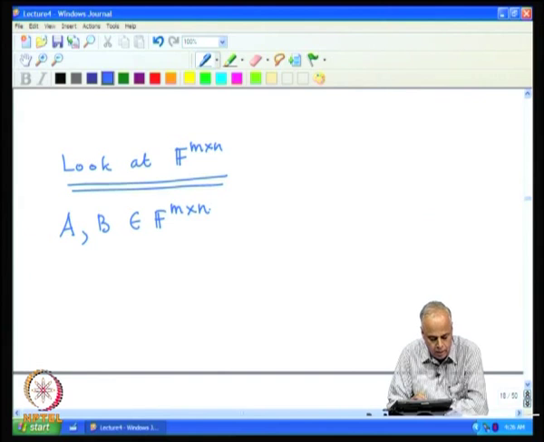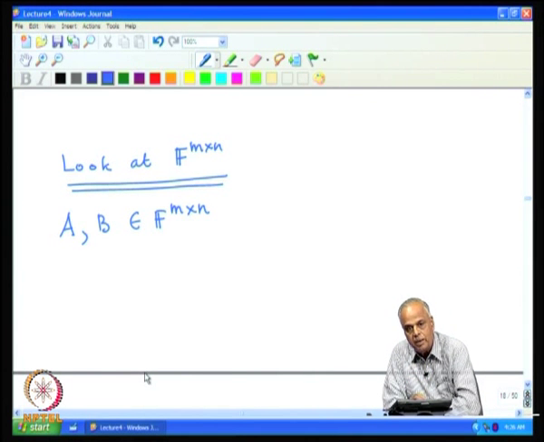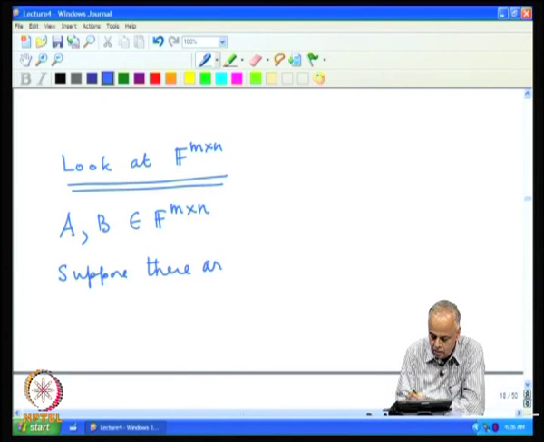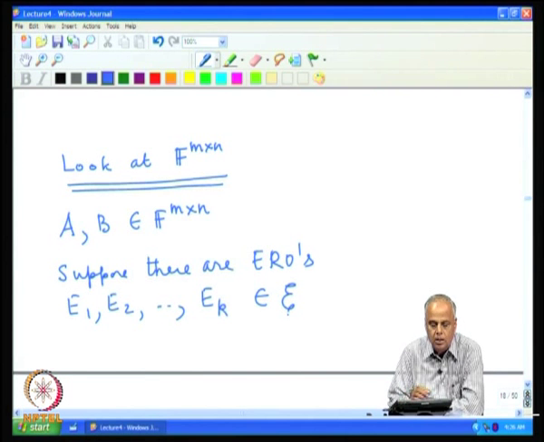So, I am looking at two matrices of the same size, and suppose there are elementary row operations, let us call them as E1, E2, up to Ek, that is, these are all in the collection of elementary row operations.